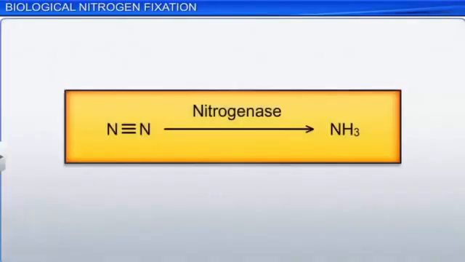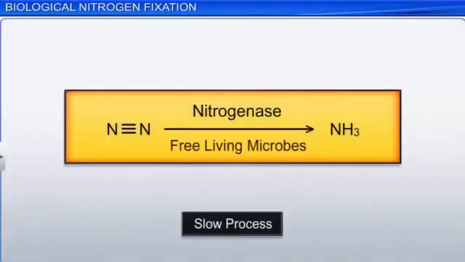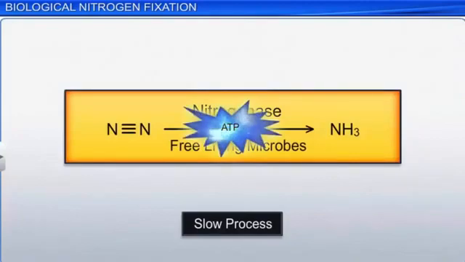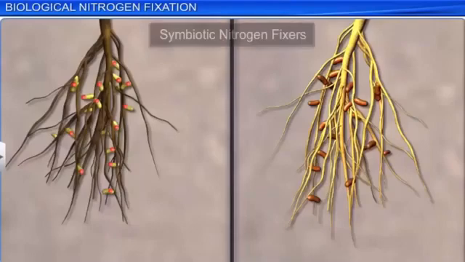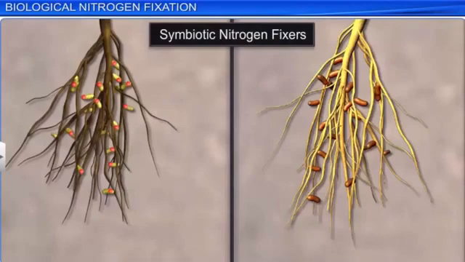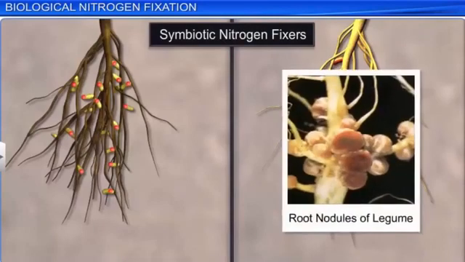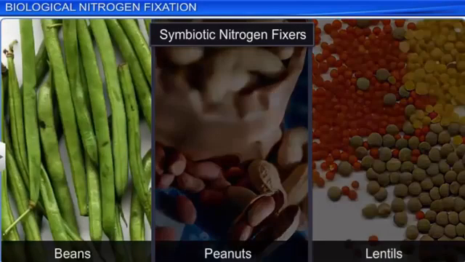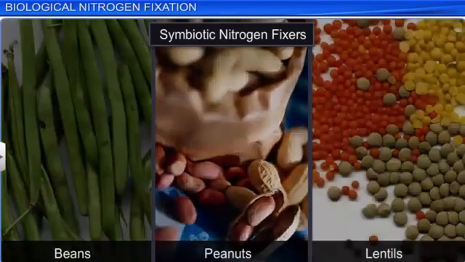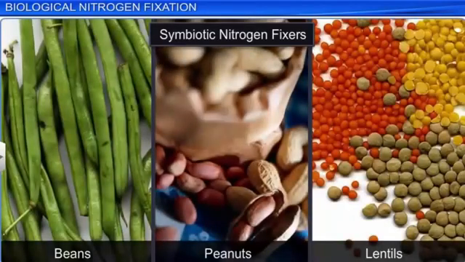Nitrogen fixation is slow in free-living microbes due to the energy requirements. Nitrogen reduction needs ATP to supply energy. Some nitrogen-fixing bacteria exist as symbionts. Rhizobium is known for its symbiotic association in the root nodules of leguminous plants such as beans, peanuts, lentils, and so on.